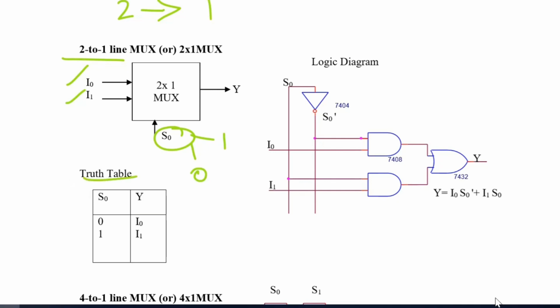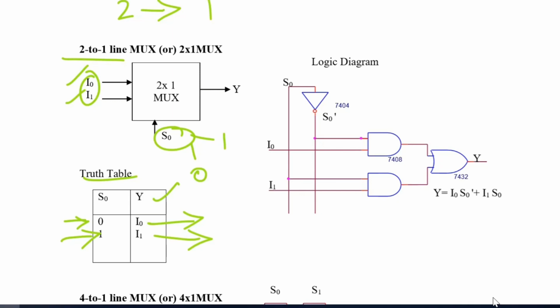For that we have an output Y. Y should be either I0 or I1, depending on the selection line. If the selection line is 0, then I0 should be the output. If the selection line is 1, then I1 should be the output. So the output is a single output based on the selection line.